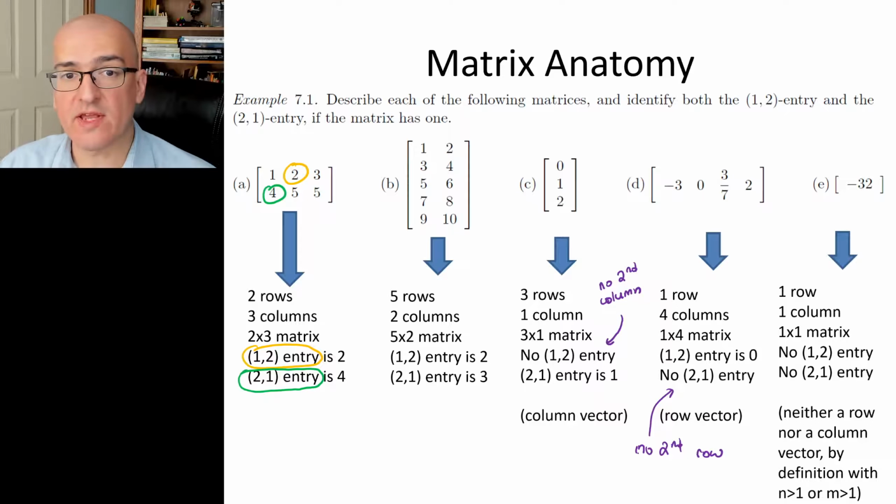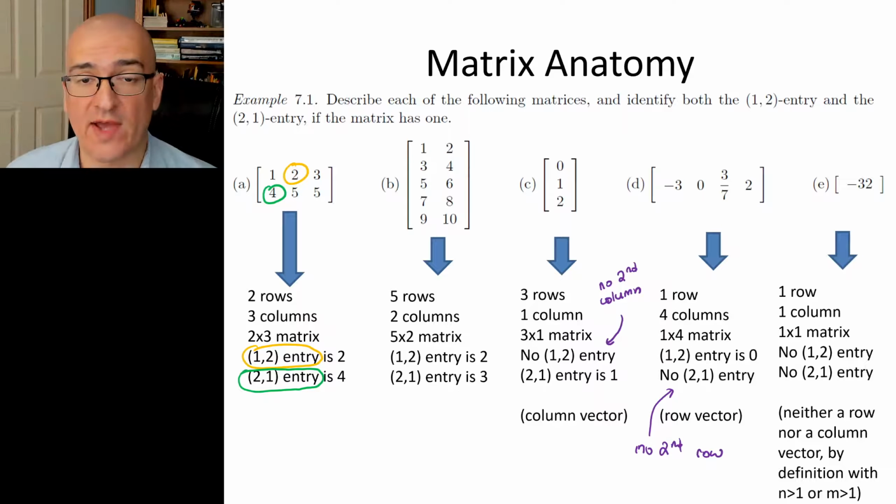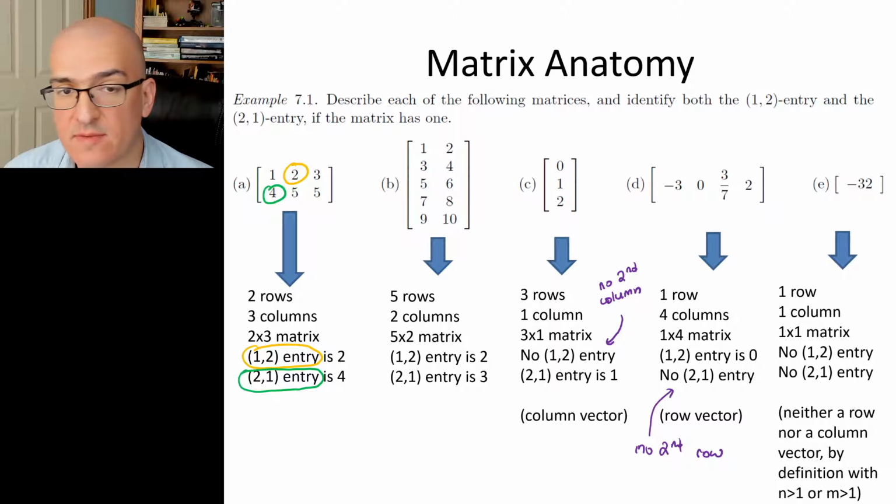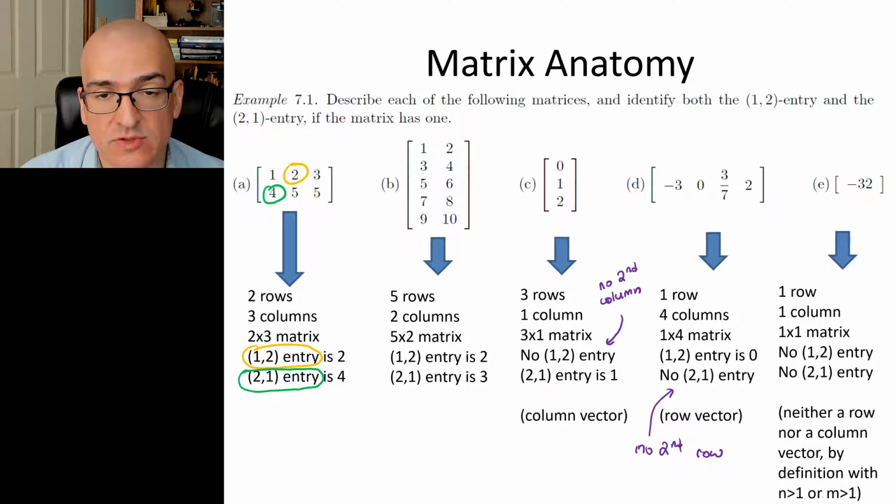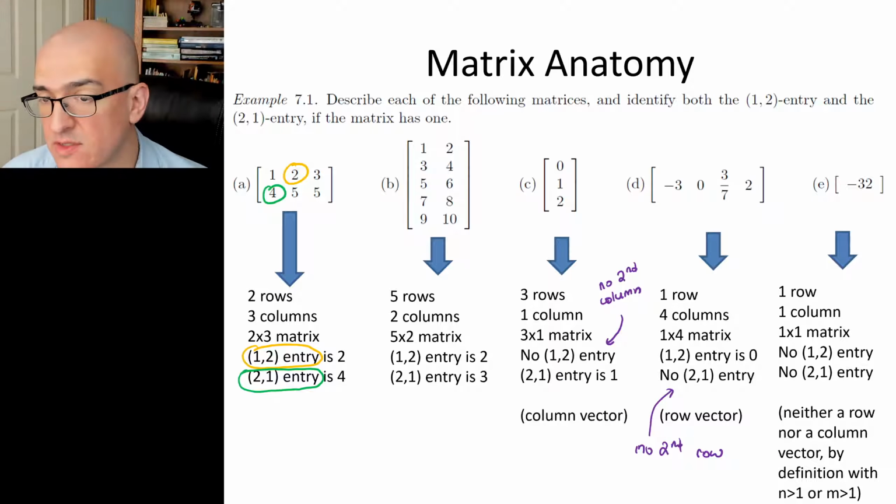And then a peculiarity of this matrix vocabulary, this matrix language, and this matrix construction is that we do have something that is not a number that consists of one element, and that is a 1-by-1 matrix. 1 row, 1 column. There's no 1-2 entry, since there's no second column, and there's no 2-1 entry since there's no second row.